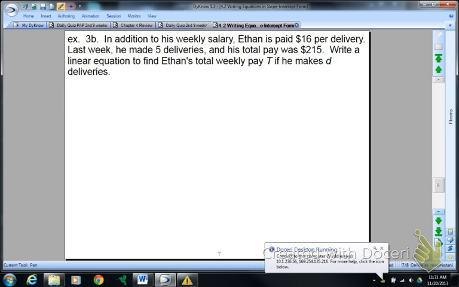Okay, in example 3b, go ahead, copy this down. In addition to his weekly salary, Ethan is paid $16 per delivery. Last week he made 5 deliveries and his total pay was $215. Write a linear equation to find Ethan's total weekly pay T if he makes D deliveries.